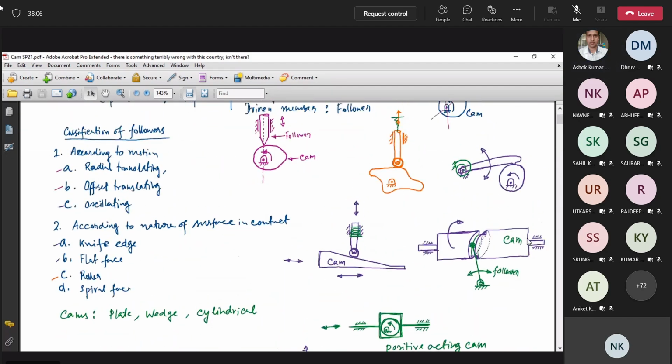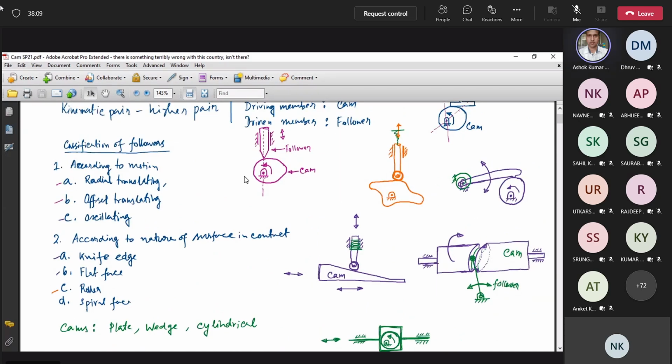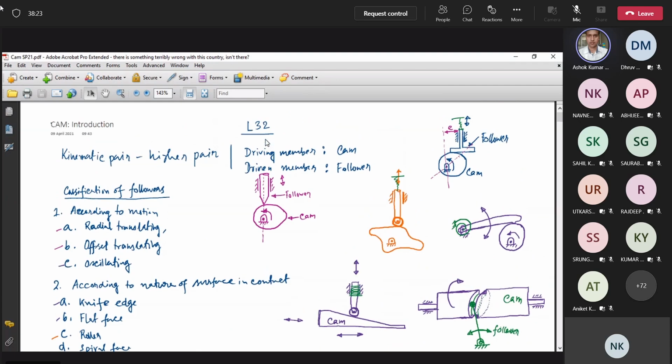For example, this cam rotates with uniform angular velocity. And what happens to the motion of the follower? So you see, this completes a mechanism, like the cam follower mechanism.